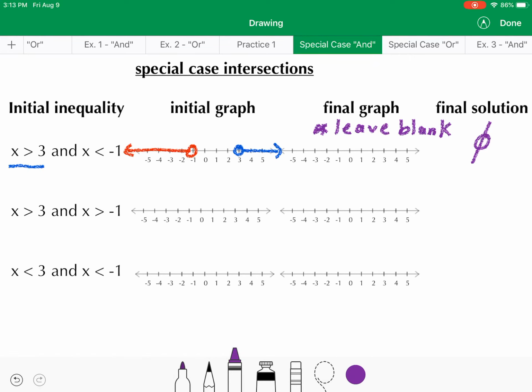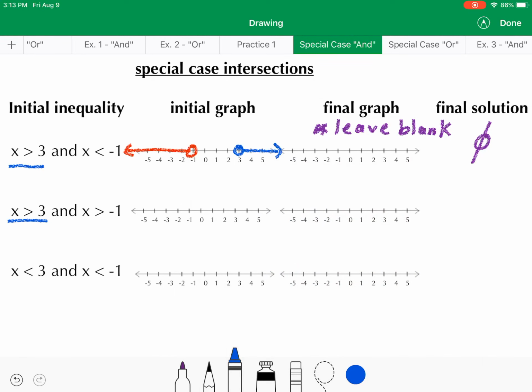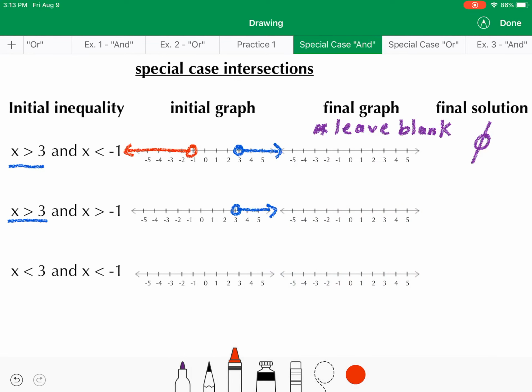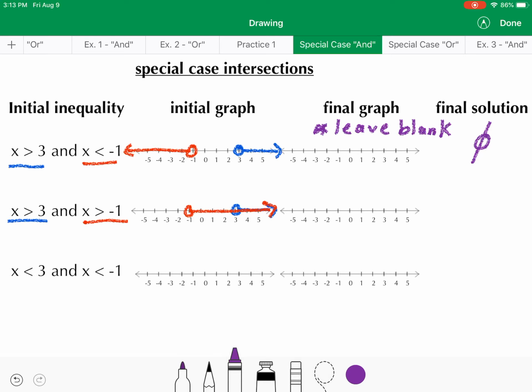Okay. Next special case, x is greater than 3 again, and x is greater than -1. So notice these lines both point towards the right-hand side in the positive direction, and notice where the overlap is taking place: at the numbers that are greater than 3.